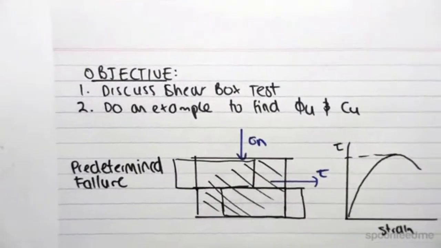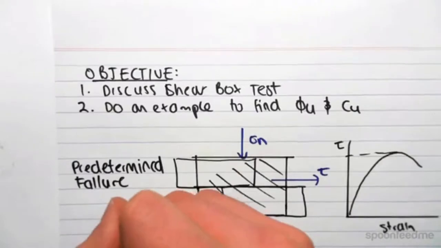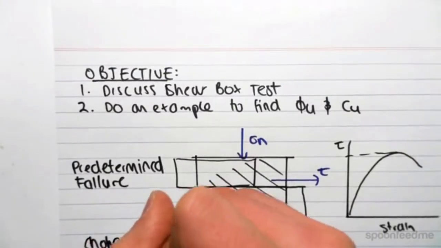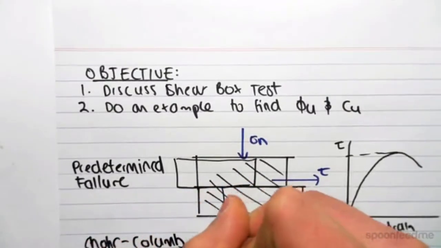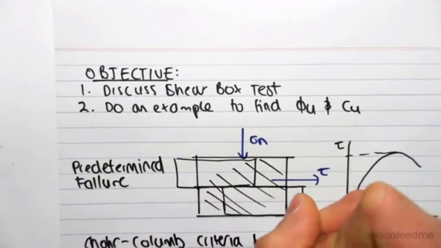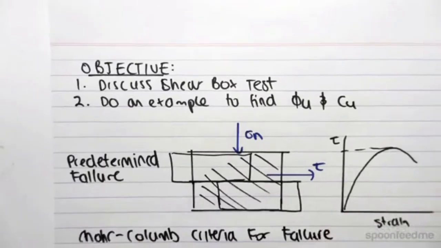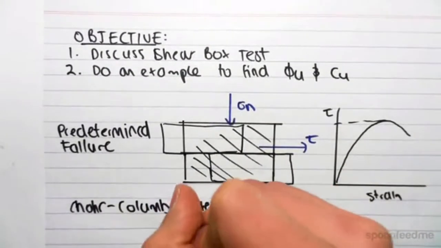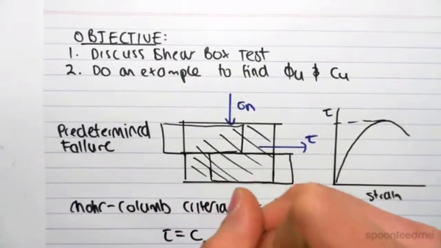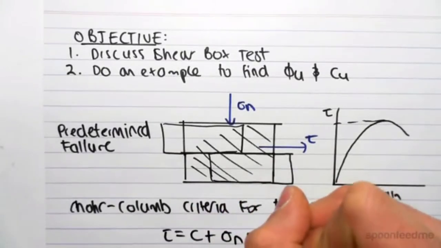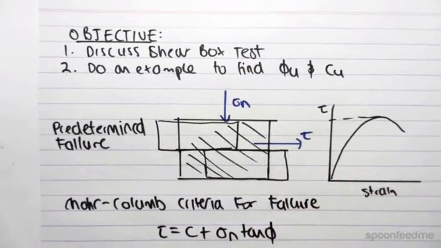So the first thing we need to do is develop something called the Mohr Coulomb criteria for failure. So the Mohr Coulomb criteria for failure says that the shear stress equals the cohesion plus the normal stress times by tan phi.